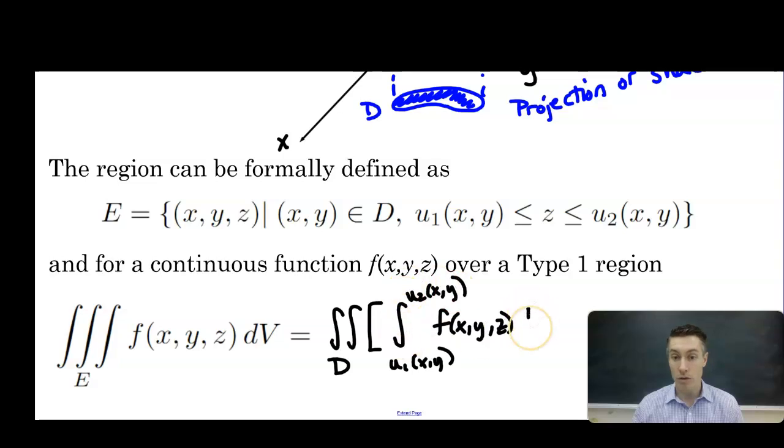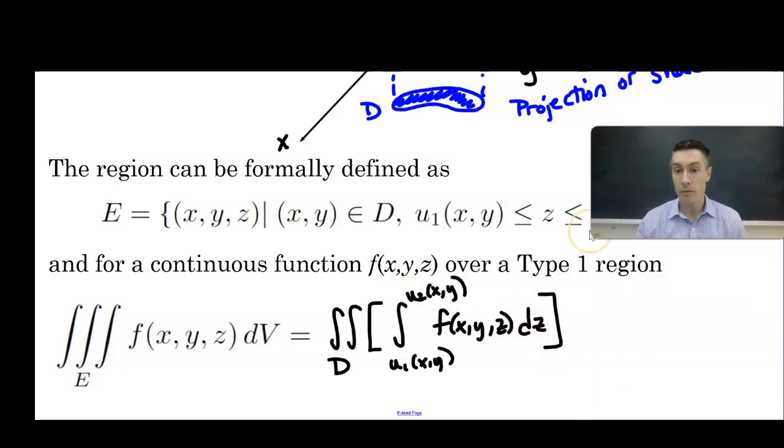That innermost integral we're integrating with respect to z. And then the double integral dA. So either dy dx or dx dy. We're not sure because we don't know what the actual projection looks like, but that's how that would finish out. The two surfaces in terms of x and y define the innermost bounds. Then the projection or the shadow will help us create the bounds of integration for the double integral that remains.